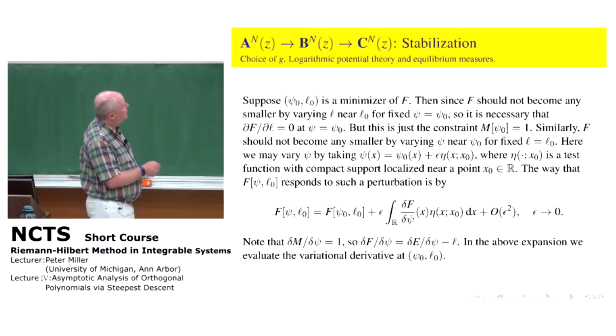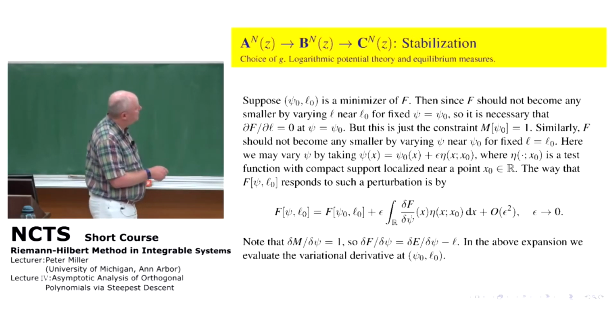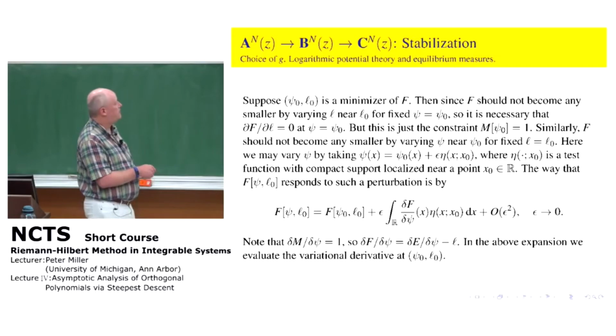So here we can vary this by just taking, as we did before, psi 0 plus eta times epsilon times test function. We should think of eta as a test function that has compact support near this point x naught in the real line. So the way that this modified functional responds to such a perturbation is just by the usual expansion like this.